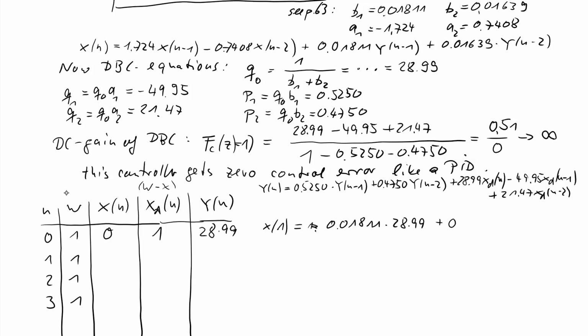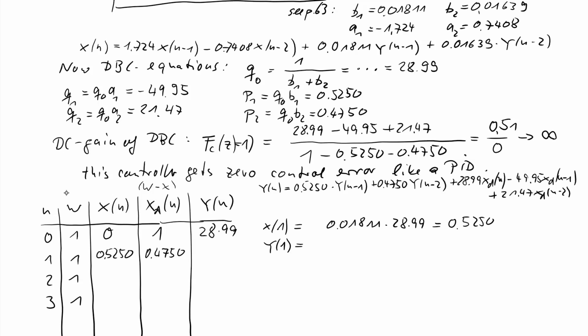So this is just a product of these both numbers, and the result is 0.5250. So x is 0.5250. xd, the difference to 1, is 0.4750.